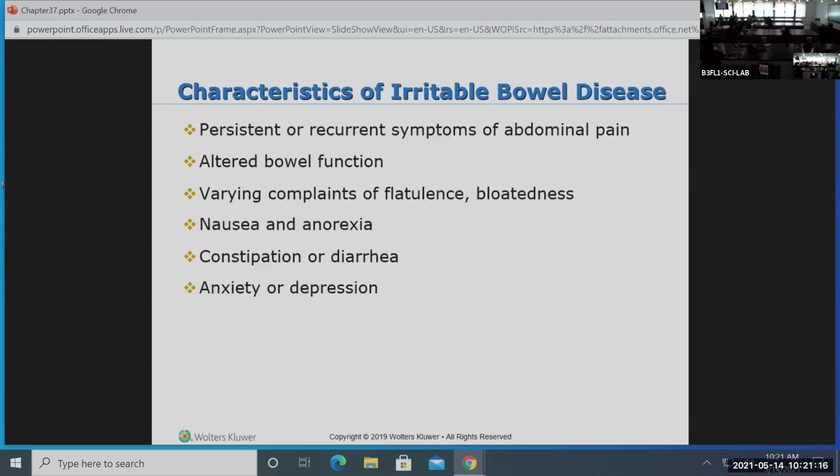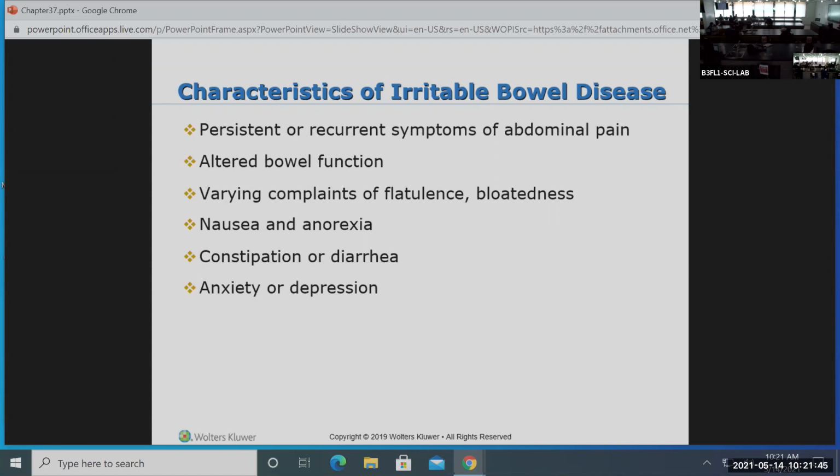Now, please remember, these are the characteristics of irritable bowel disease. Number one, persistent or recurrent symptoms of abdominal pain. Altered bowel functions: constipation, diarrhea, pain, discomfort.